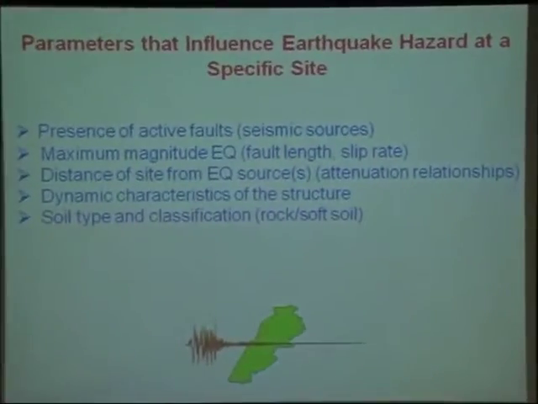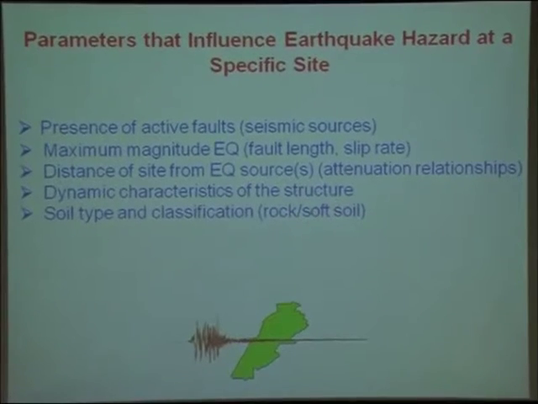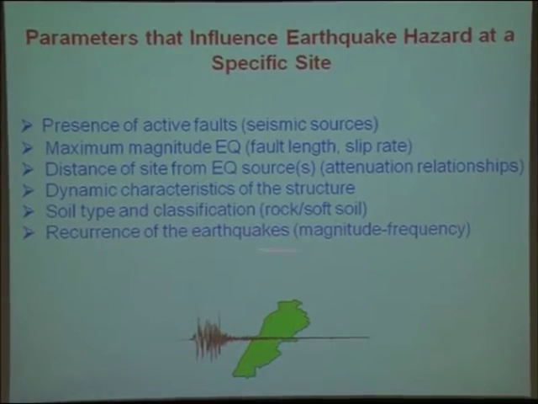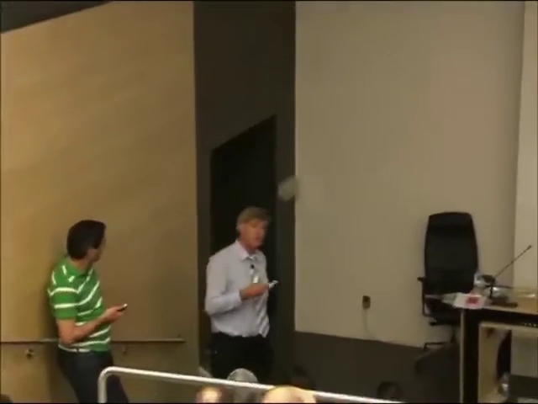We need to know the soil type and the classification, whether rock or soft soil, to be able to quantify the hazard. We need to know the recurrence of the earthquakes. Large magnitude earthquakes occur less frequently than medium or low magnitude earthquakes.